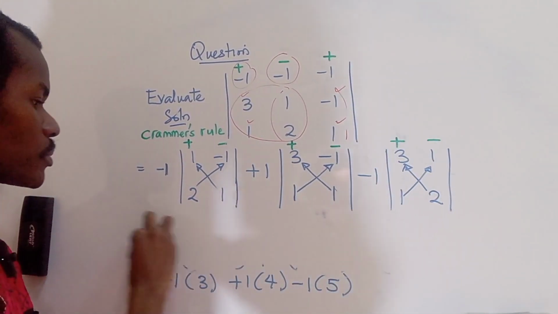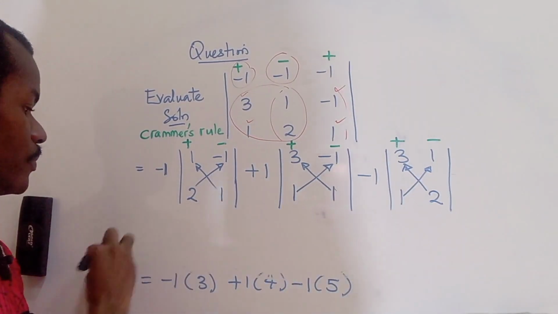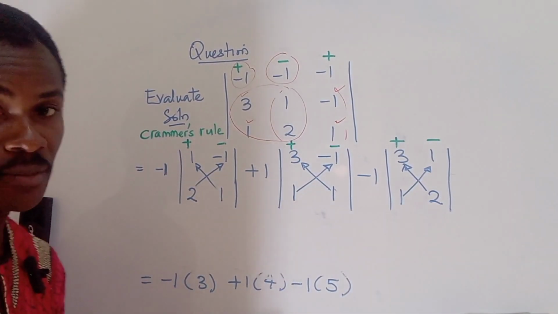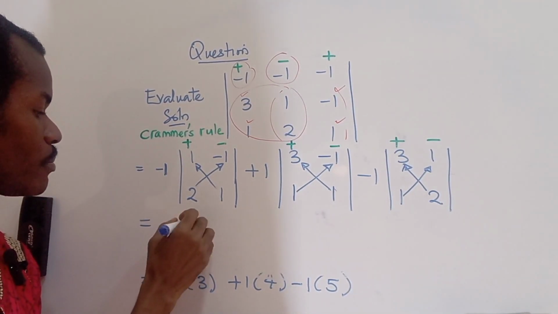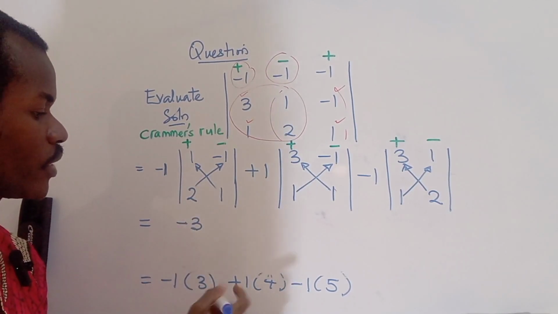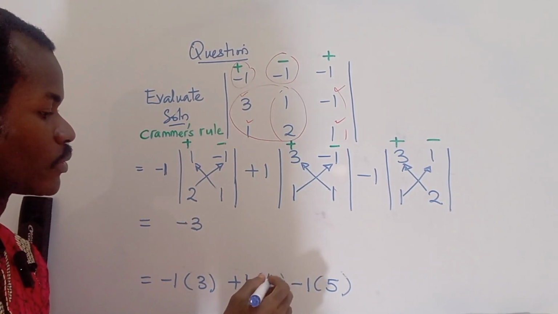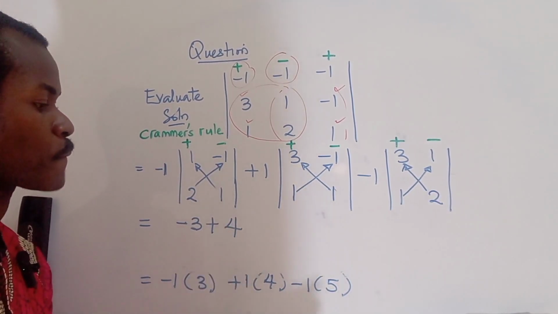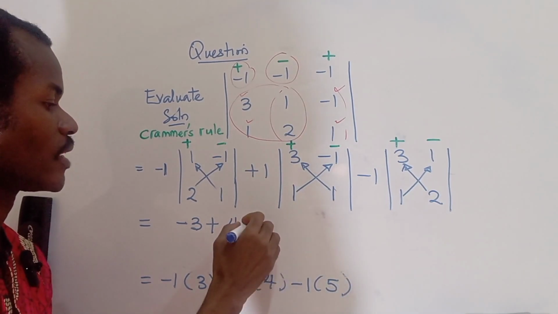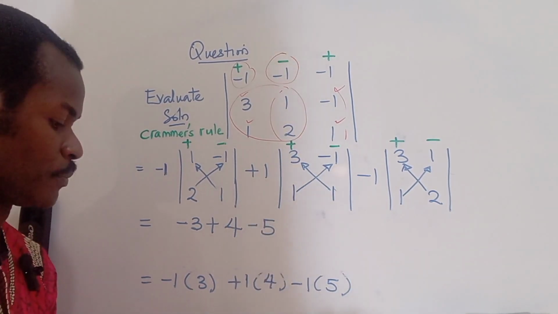Let's solve that expression and see what that gives us. So we have minus 1 times 3, which gives us minus 3. Plus 1 times 4 gives us plus 4. Minus 1 times 5 gives us minus 5.